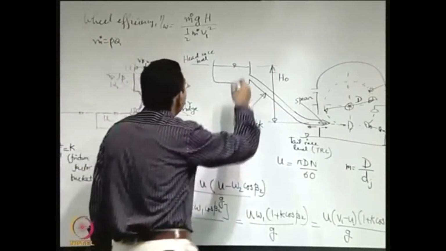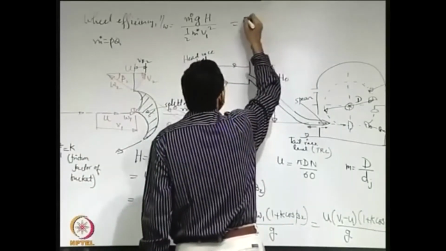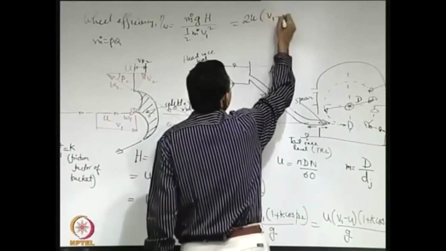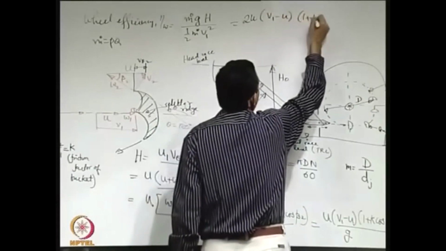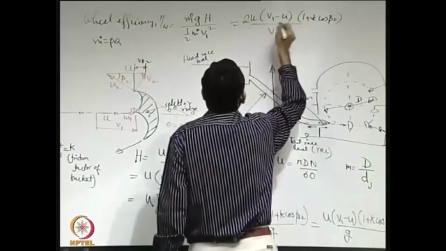So, you can write this one as 2U into (V1 minus U) into (1 plus k cos beta 2) by V1 square.